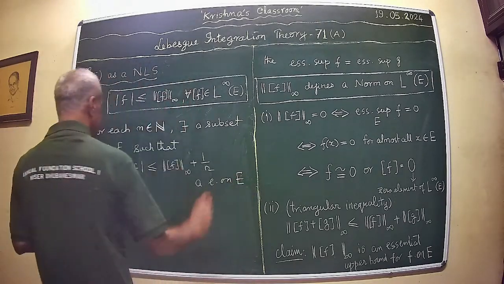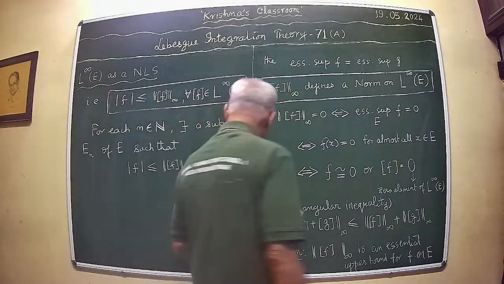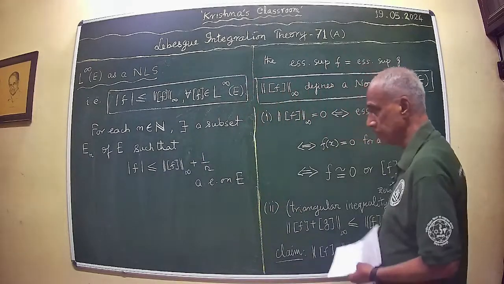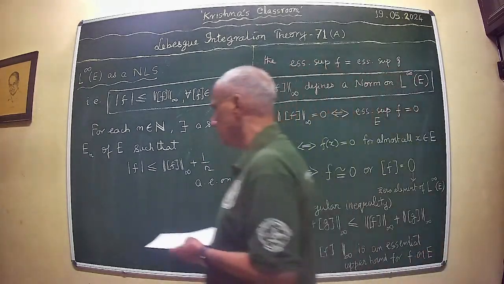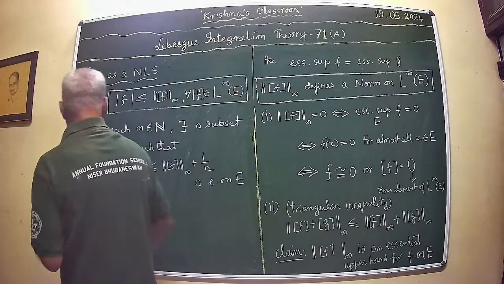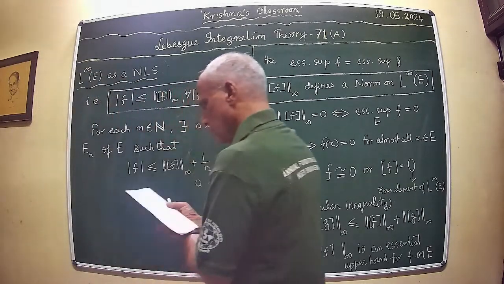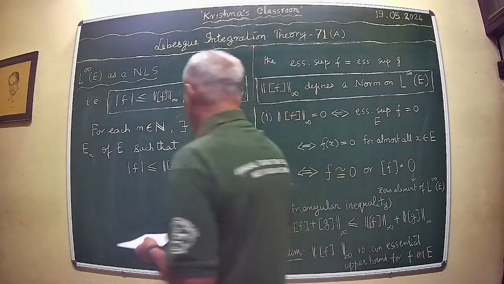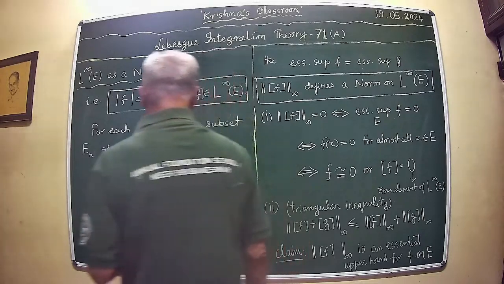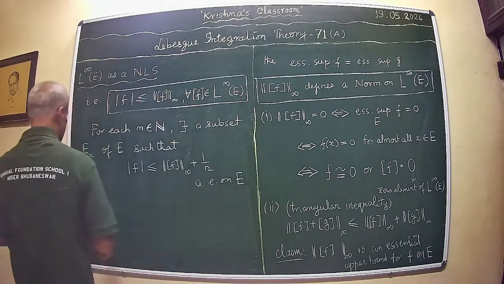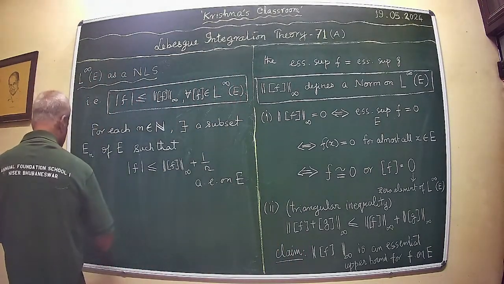So this is the statement that comes from the infimum of the supremum. Okay. Therefore, let us write down the details of that. So En has measure 0.